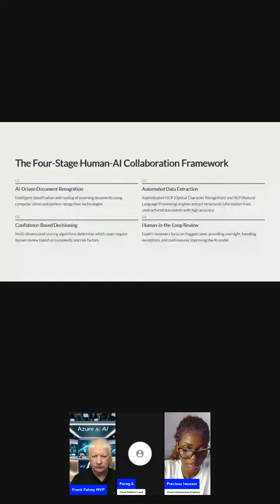These engines extract structured information from documents. Then there is a multi-dimensional scoring algorithm determining which cases need human review. Finally, human reviewers focus on feedback, providing oversight, handling exceptions, and continuously improving the AI model. I'll go through all of these in detail in the next slides.